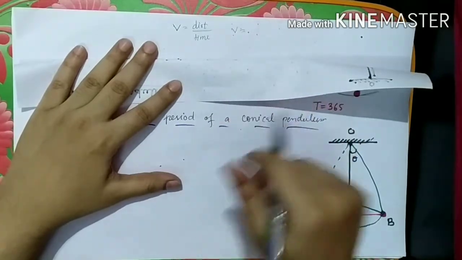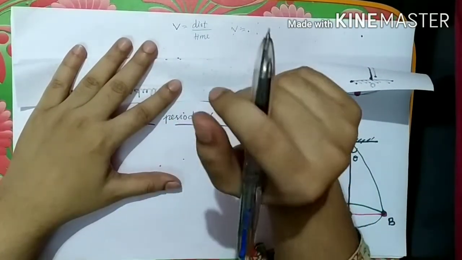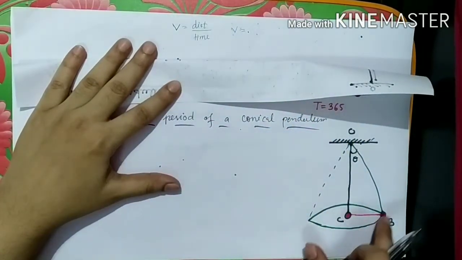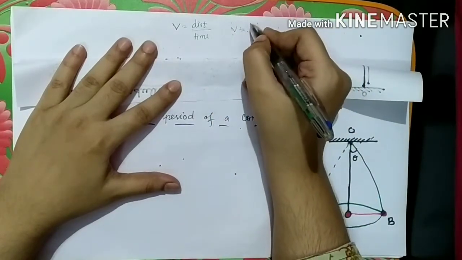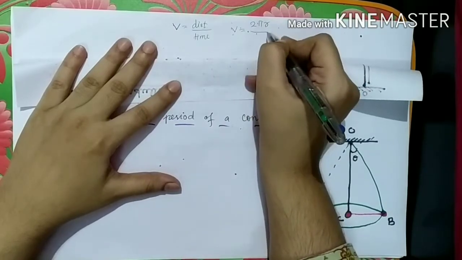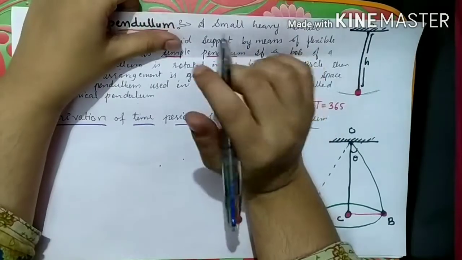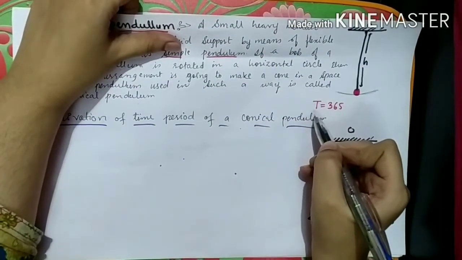What is the distance traveled by the particle in one circular motion? Obviously it is the circumference of a circle. So the distance covered by the particle is 2 pi r upon time. As I just explained, time period is denoted by capital T.